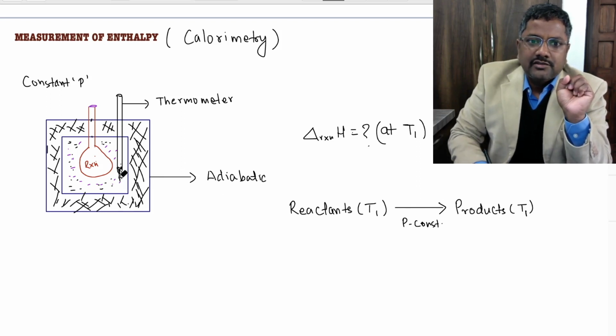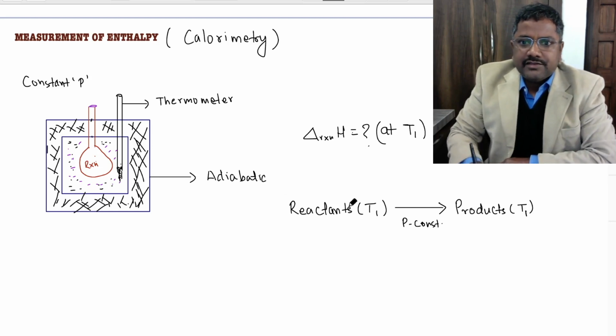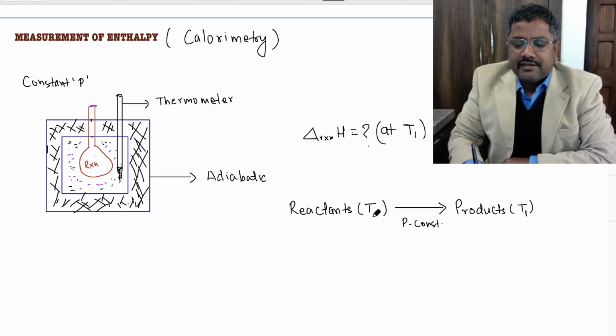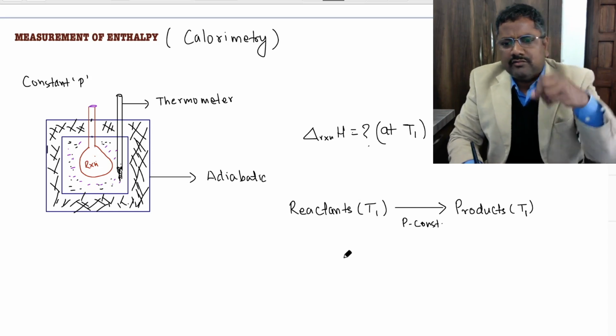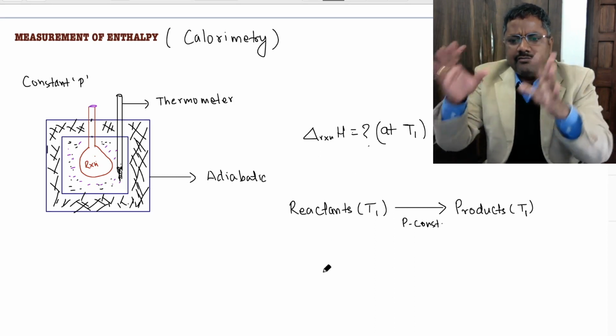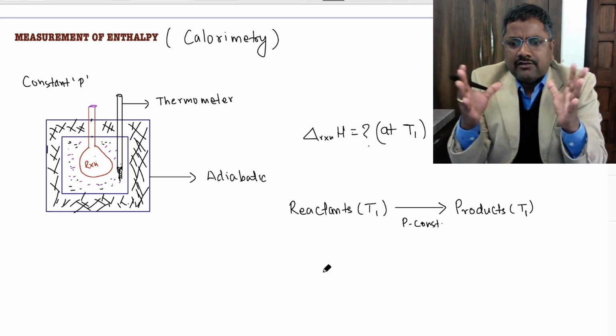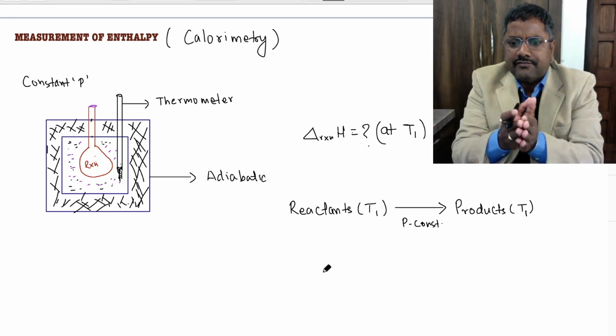So what we can do: first we fix the temperature of the reactants at T1 and allow the system to heat. At whatever temperature the reaction occurs is immaterial, because this is a state function.